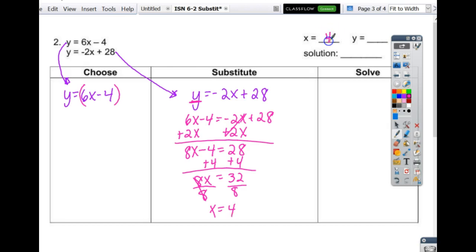So that goes here and here. So now that I know that x is 4, in this equation right here, the one we haven't used yet, I'm going to put the 4 in for my x. So I'm going to get y equals 6 times 4 minus 4. So 6 times 4 is 24, minus 4 is 20. So that's my y.